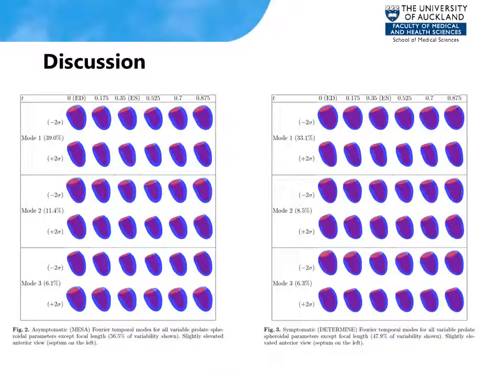However, from an overall geometric or clinical perspective, in this case, there are no pure modes of variation, for example, just sphericity. In the determined or symptomatic modes in figure 3 on the right, mode 1 represents their sphericity, as was also found in a previous static analysis.